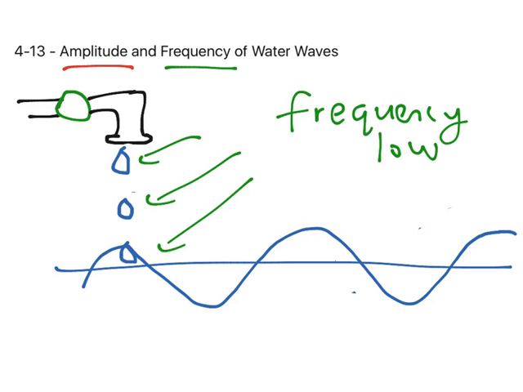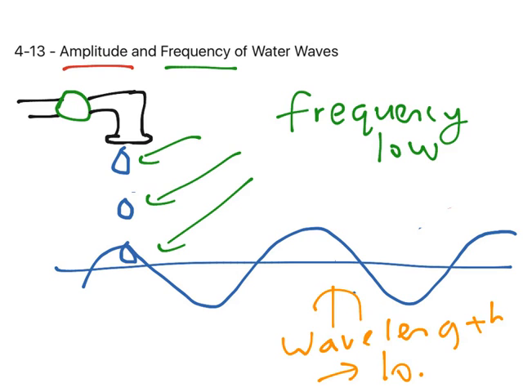So the frequency is low. And notice that when the frequency is low, the wavelength is large or long. The wavelength is how long this is, from here to here. It's very long. This will be important in the next video.